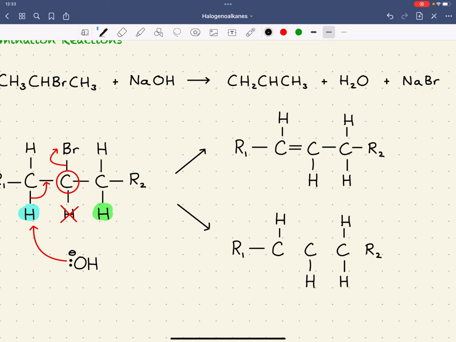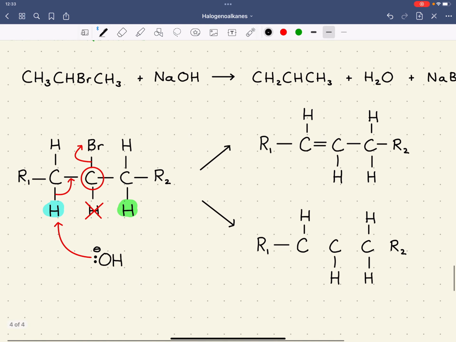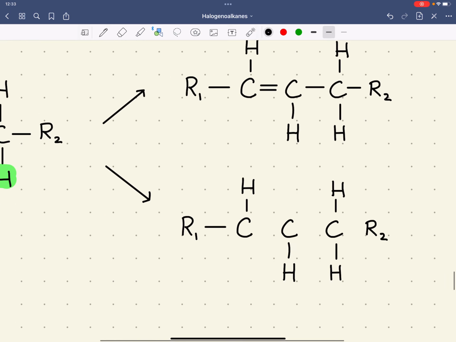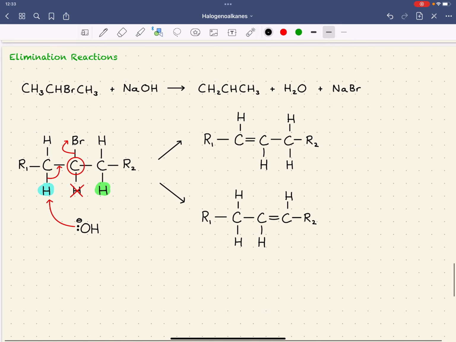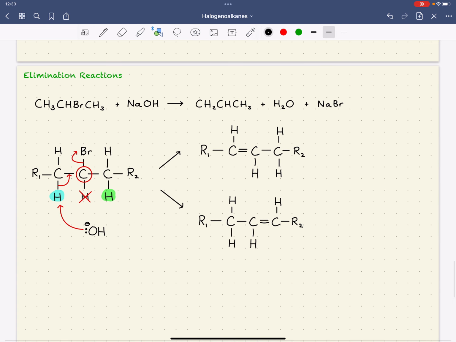If we're pulling off the green hydrogen this time, then we've still got CH2 here. Still got a single bond, but now the double bond is here, and we've removed this hydrogen this time. So that there would be my product if the green hydrogen was removed.